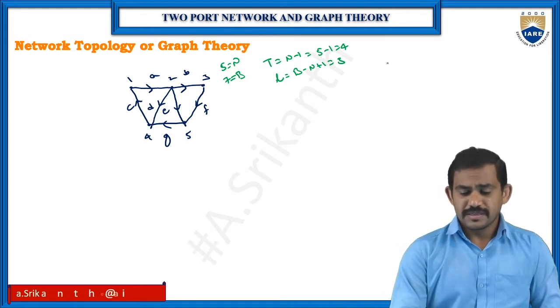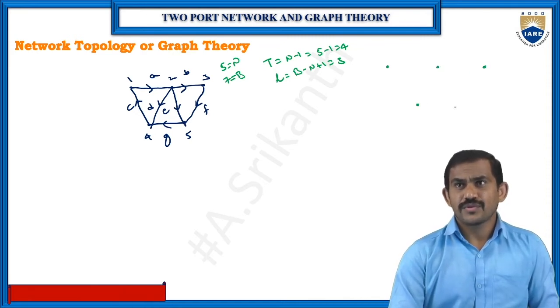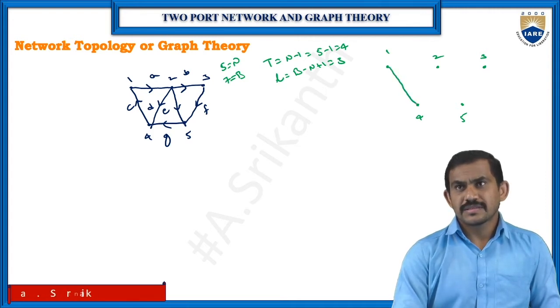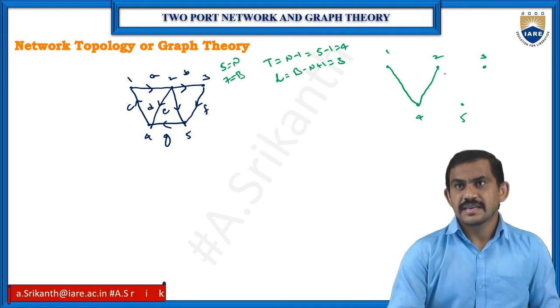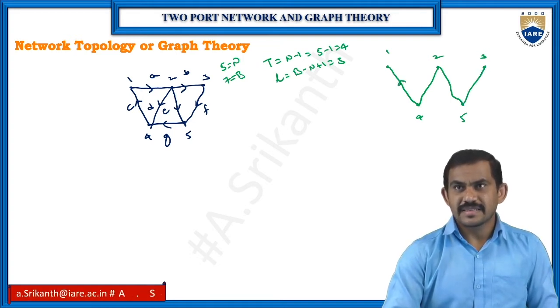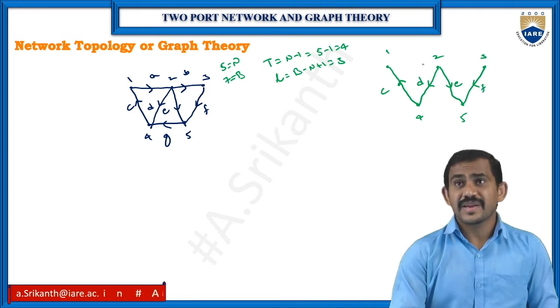Just observe here. Same circuit, with nodes 1, 2, 3, 4, 5. In that I want to use these 4 branches: C, D, E and F. So these are my trees, C, D, E and F. Remaining are co-trees.